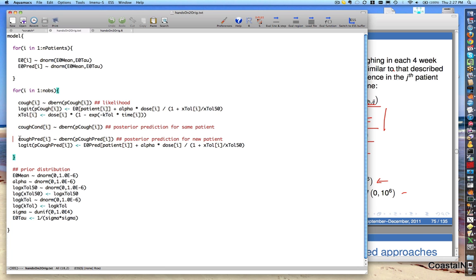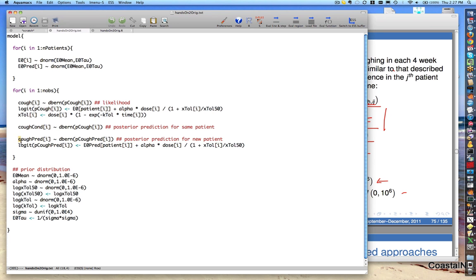And then for our population prediction, this is a posterior prediction for a new observation in a new patient who's getting, in this case, the same dose and being observed at the same time as the original patients.